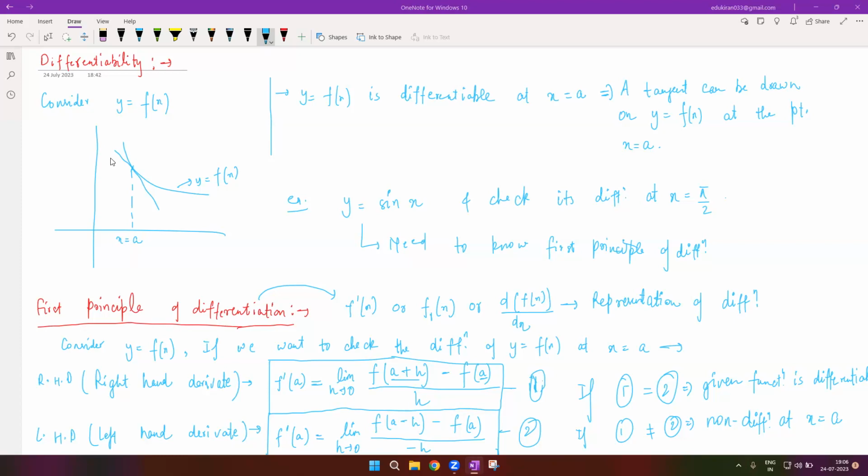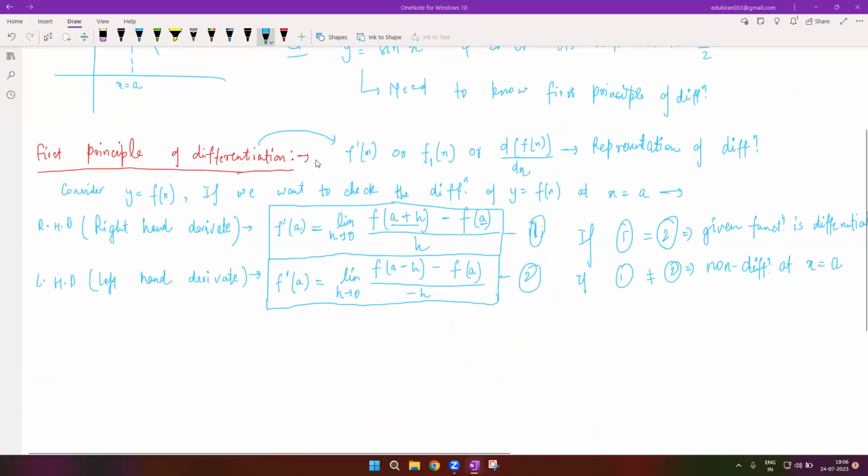For all the JEE aspirants, remember this thing, okay, I'm writing it here. There are two conditions. If you see a graph and you are asked whether the given graph is differentiable at this point or not, then you will check two things.